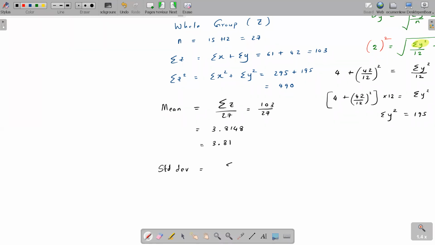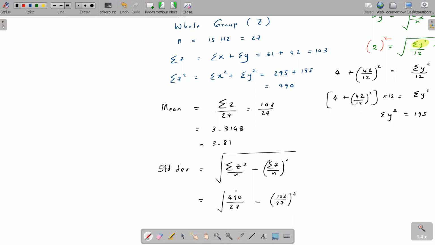And then standard deviation for the whole group. Standard deviation of the whole group, sigma z square over n. You have to get the whole group. So whole group means you have to take the combined value. So this is 490 over n, which is 27, minus sigma z, how much? 103 over 27.